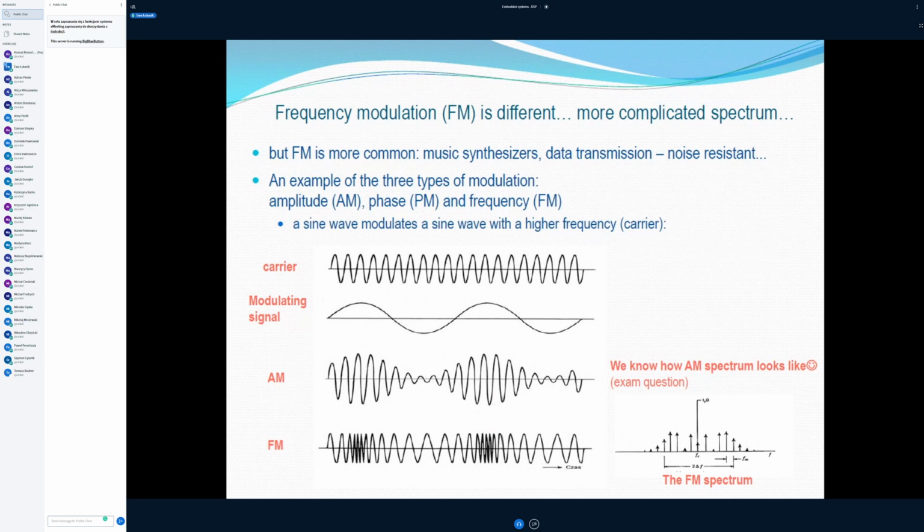Since we have periodicity in the signal, we must have a discrete spectrum, and we have to have some harmonics, and we have them, but there are plenty of them.